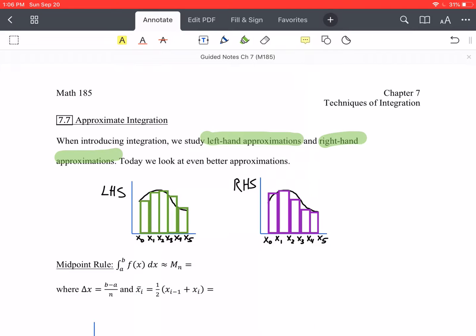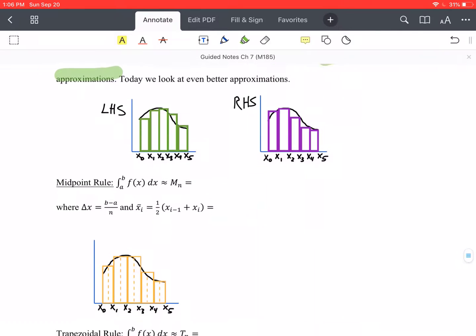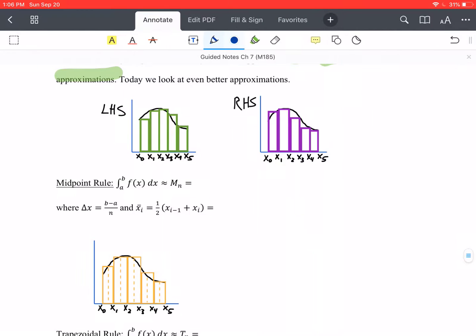So we're going to start off talking about the midpoint rule. And the midpoint rule you can see in the graph down here. So instead of taking the left-hand side of each rectangle or the right-hand side of each rectangle, we're taking these intervals, cutting them in half, and using that midpoint to determine the height of the rectangle. Okay, so not the left hand or the right hand, but using the middle to determine the height of the rectangle.